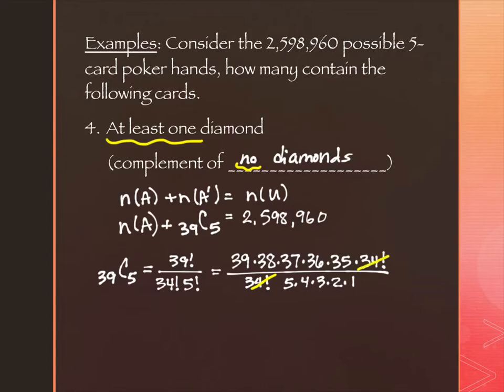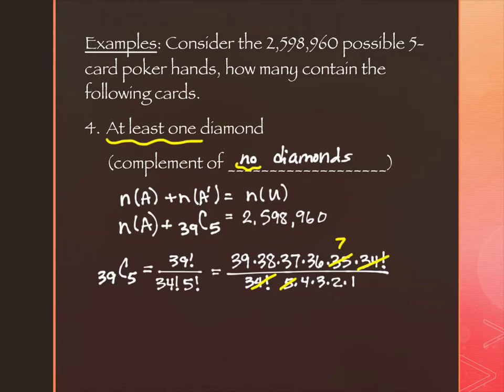So 34 factorial is gone. Now what? 5 and 35. 5 and 35 leaves me with 7. Yeah, 35 divided by 5 would be 7. What's next?